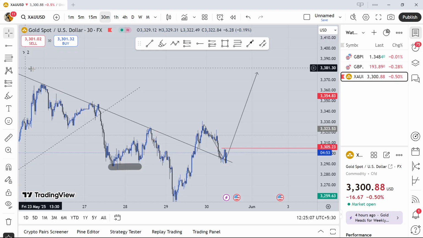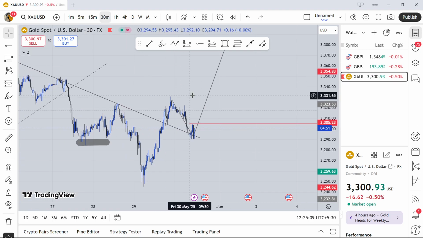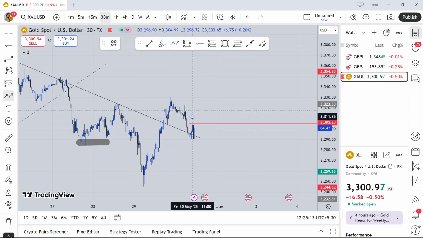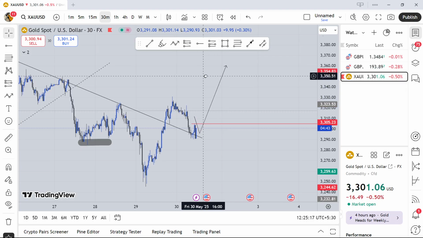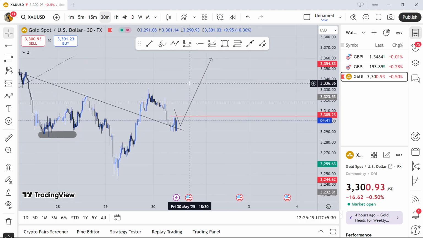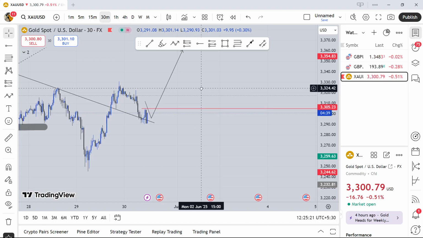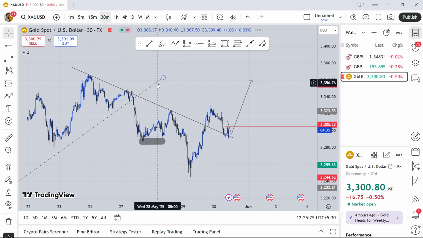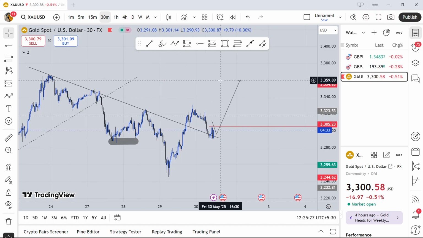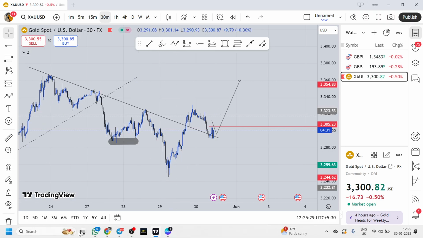Let me just validate the EMA. So that's the trade. Let me share it in the community.